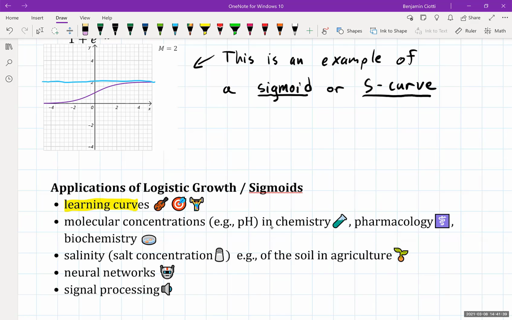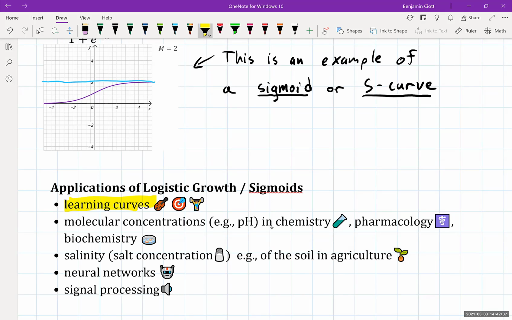Your progress often follows an S-shaped curve: you make a lot of progress at the beginning, and you're getting a lot of gains, but then it starts slowing down, and eventually you have to put in a lot more practice to get just a little bit better once you pass the beginner phase. So learning curves are an example of that.